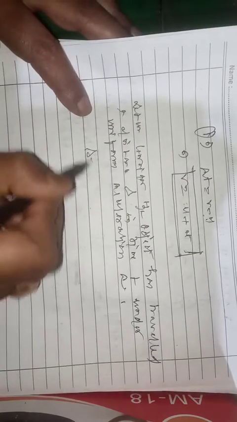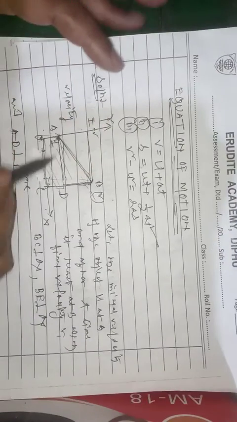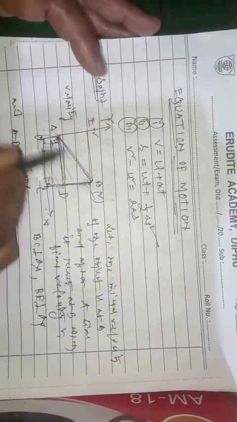So S equal to, and this full area if you want to find out, then here you can see one rectangle and one triangle, both the areas we have to add.